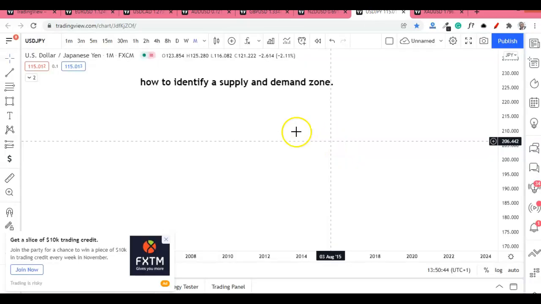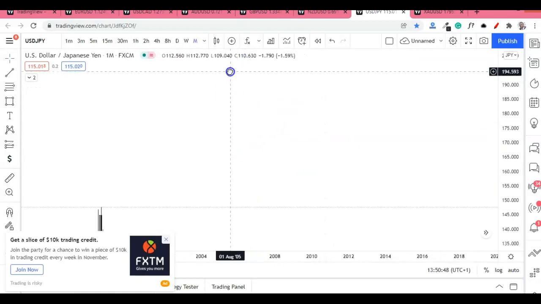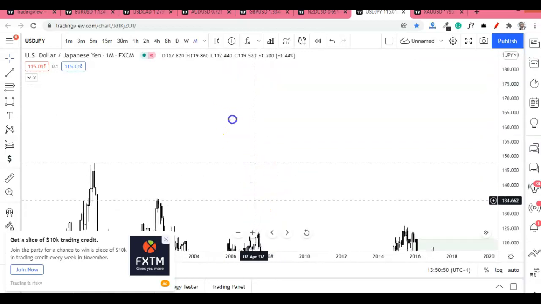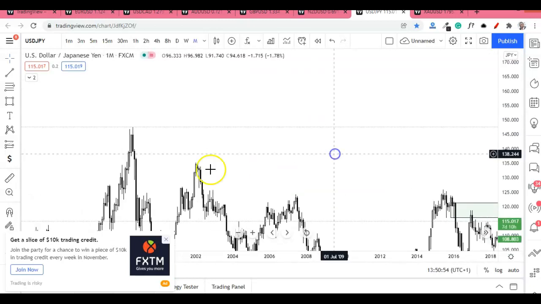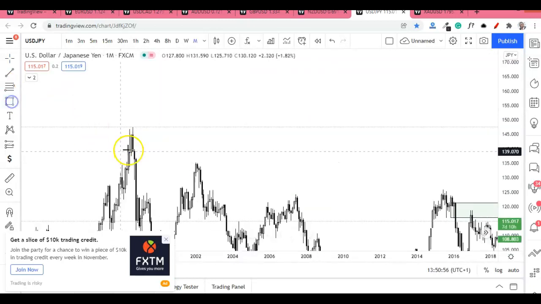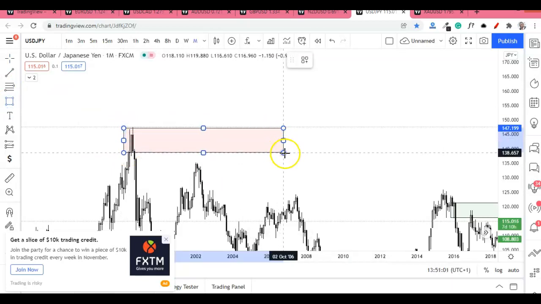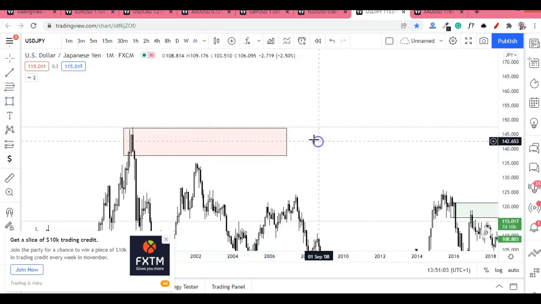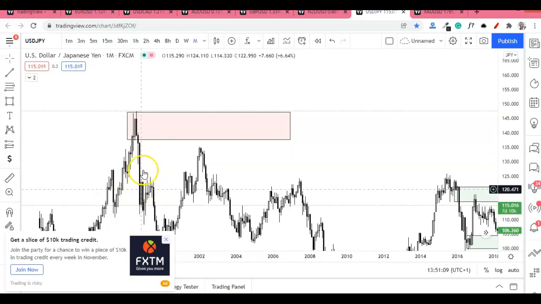And how do we identify a supply and demand zone? Very important. So let's come back to our chart here. In this case, I can see one demand zone here and a supply zone here. Why is it a supply zone? With the three candles here, you can see a sharp move in price, creating imbalances.